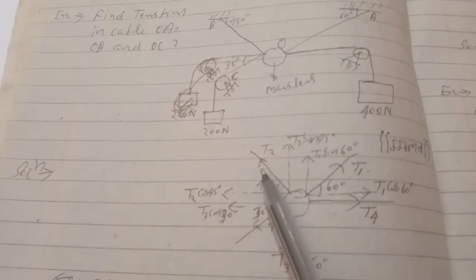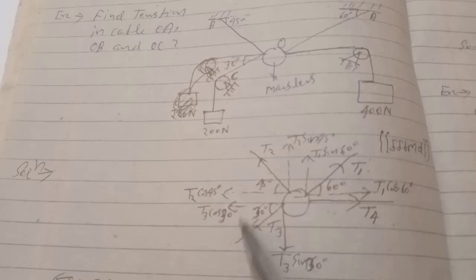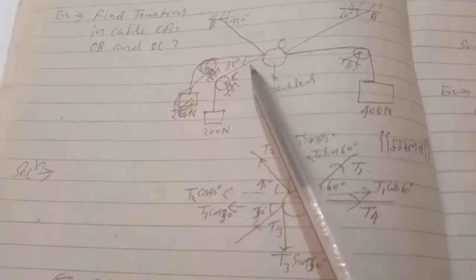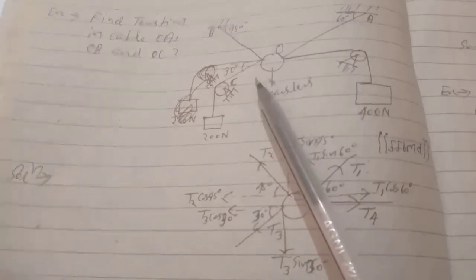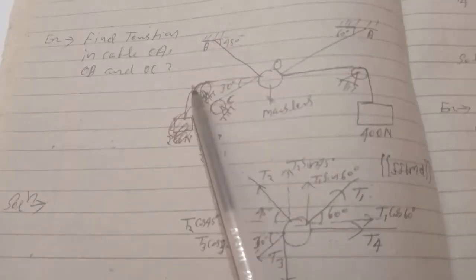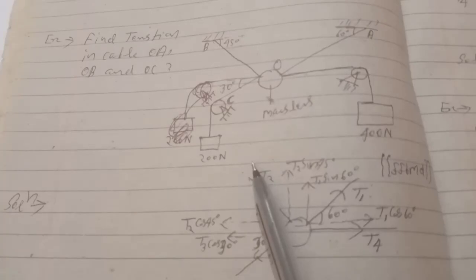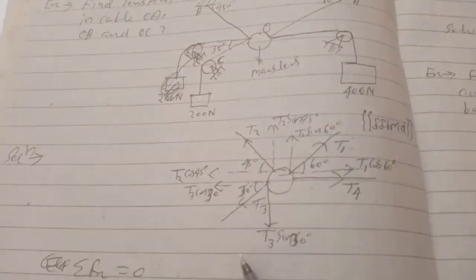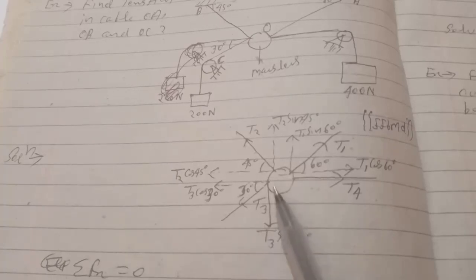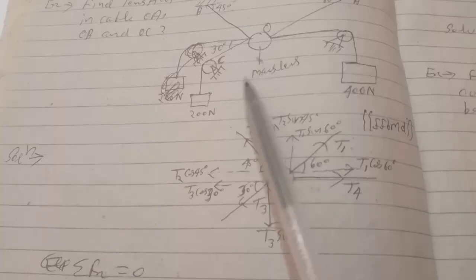We are breaking it into perpendicular components. And for T3, this angle is 30 degrees, so one component will be in this direction, T3 cos 30, and one component in this direction, T3 sin 30. Because this is massless, there is no need to show the weight.